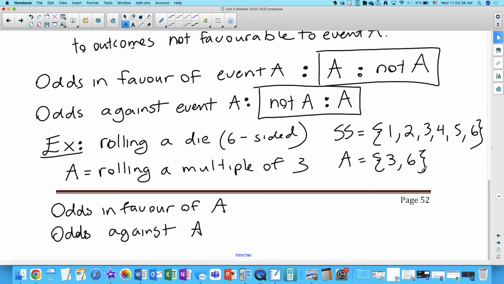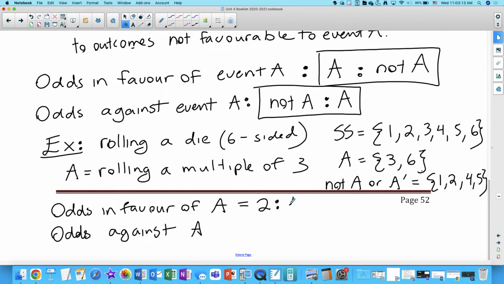What would the second number be? Not 6. 4. The second number is how many events are not favorable to A, right? If this is A, not A, or A complement, is 1, 2, 4, and 5. Okay, so not A is 4. Okay, or 1 to 2.